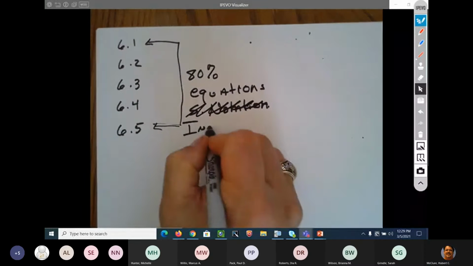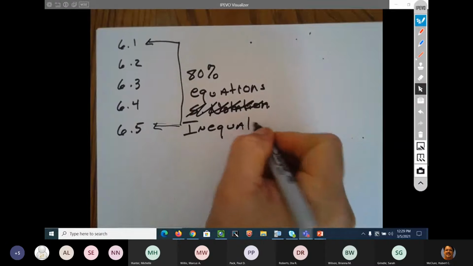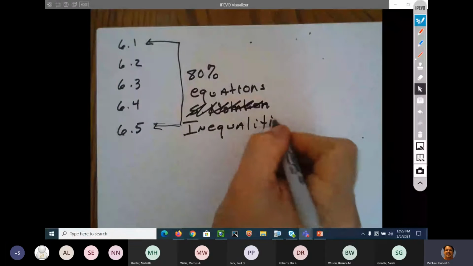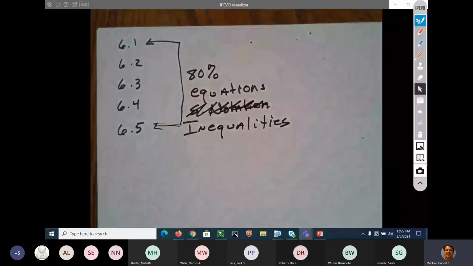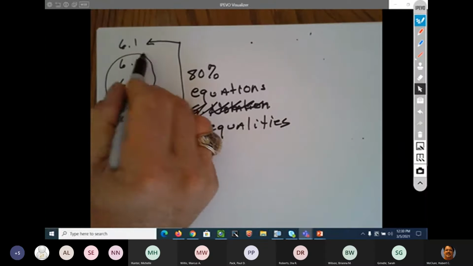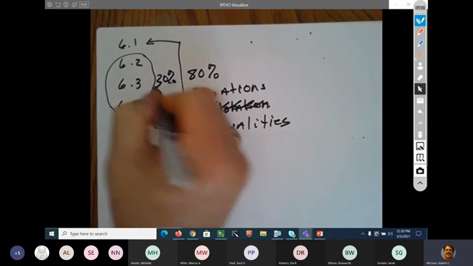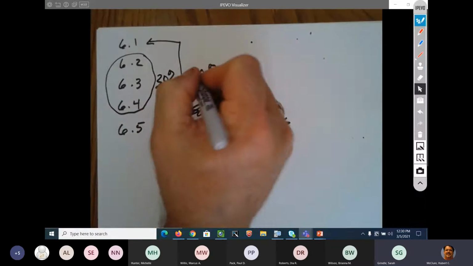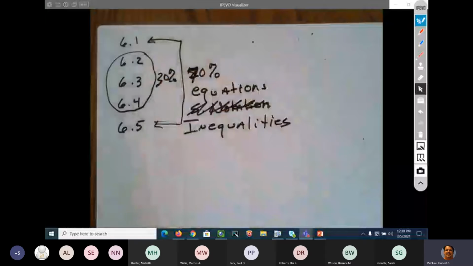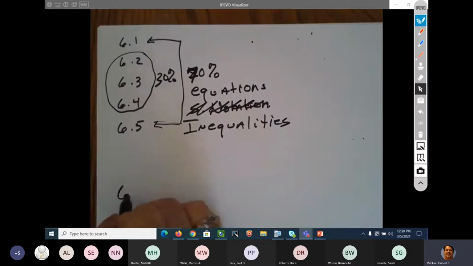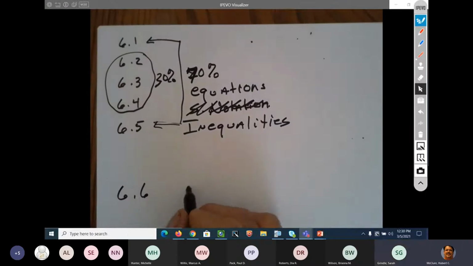Inequalities. And 20% is going to come from those three sections, maybe 30. Let's go with 30 since it's three sections. So a majority of your tests on Unit 2A, because 6.6 is a test by itself.